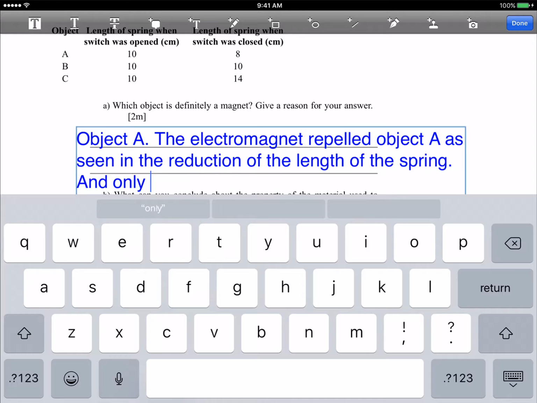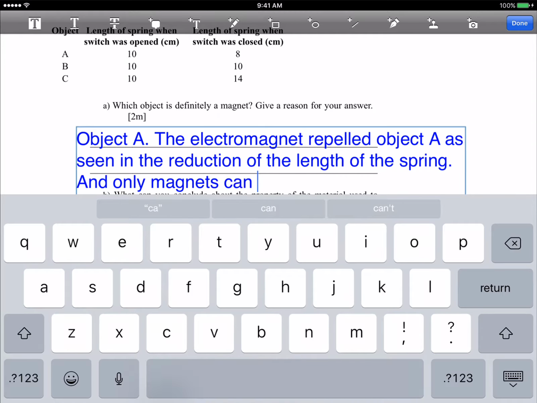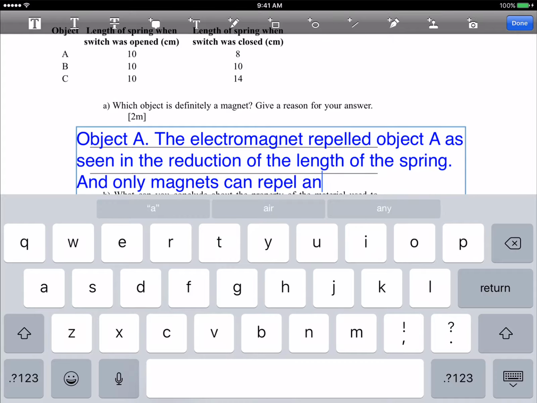And only magnets can repel another magnet. Alright?